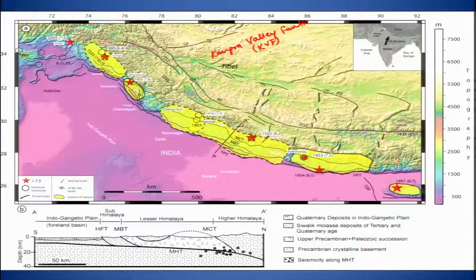Hence, the energy or the potential slip available in this region is still partially available along the frontal part. So the next event can be triggered along HFT.